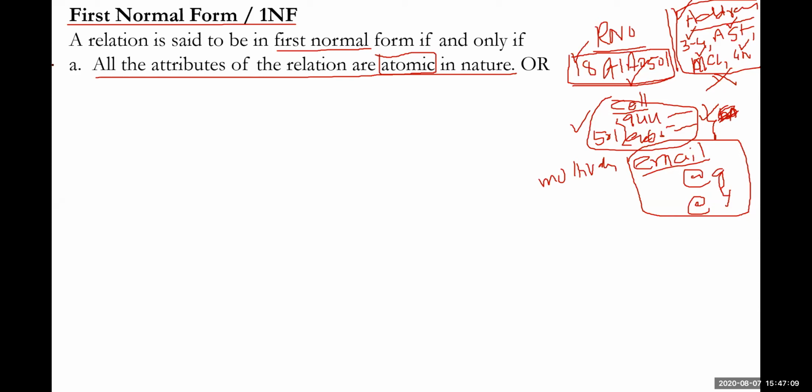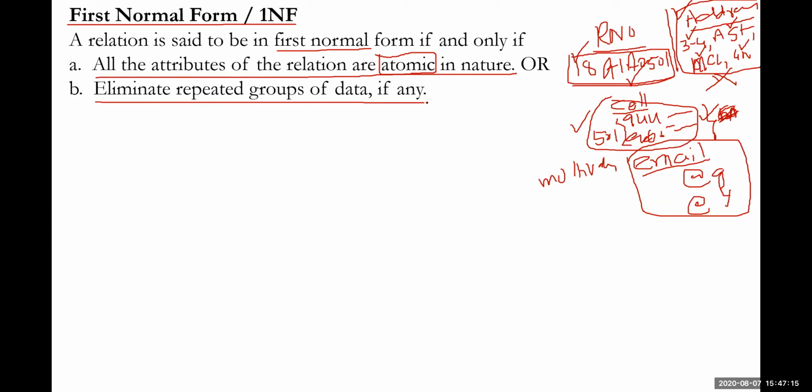Now the second condition: there must not be any repeated groups. Already we have seen in our tabular form example student details, course details, and result details. Student details might have a set of values, course details another set, and result details some other set. So there are three different types of groups.